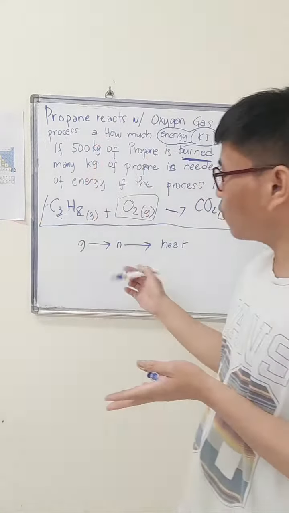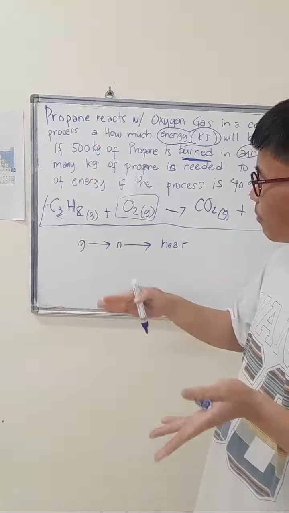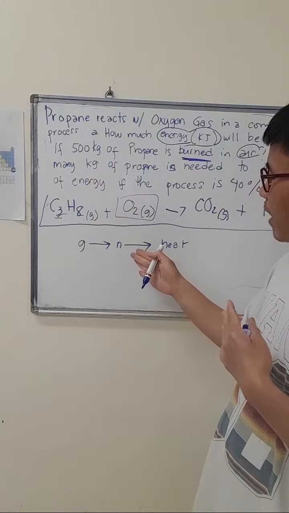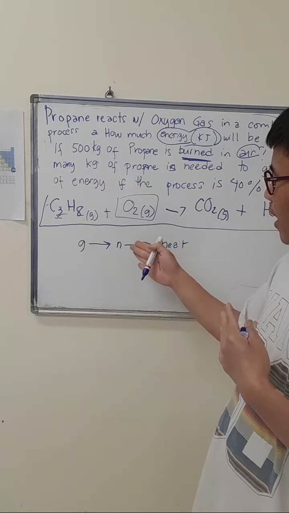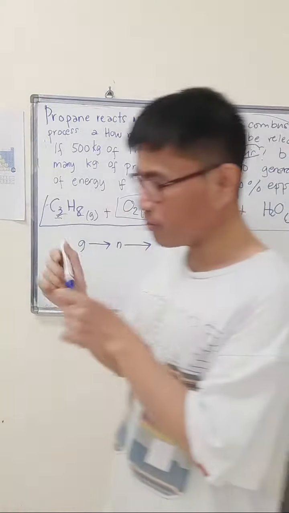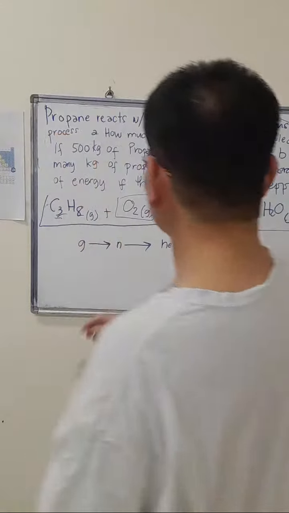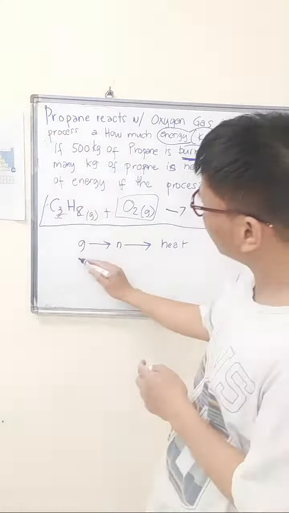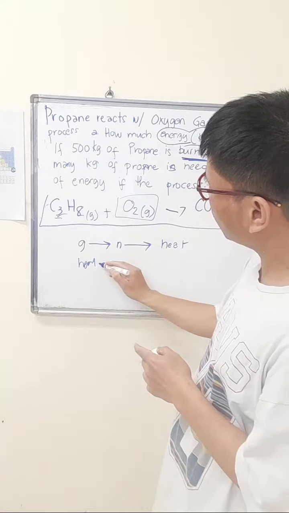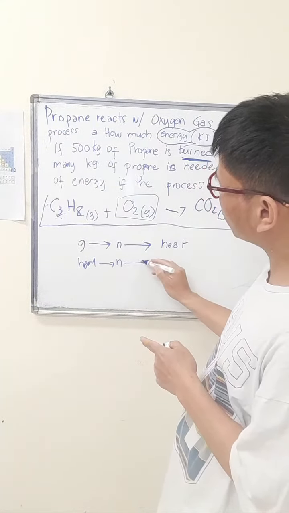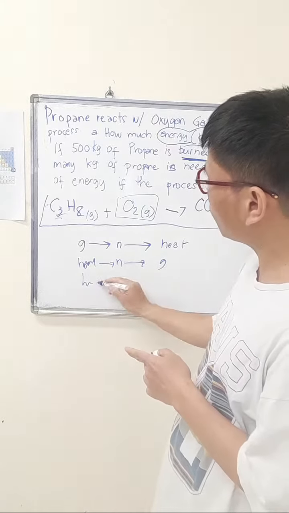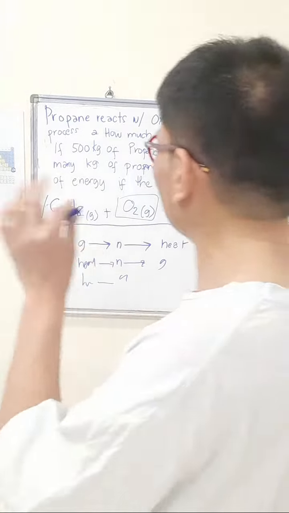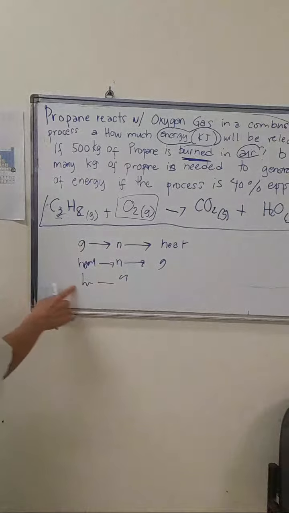Your step 1 from grams, step 2 convert to number of moles, step 3 get the number of moles as stoichiometric relation, and bingo, we can solve for the heat. Or it could be the reverse: heat first, going to the number of moles, going to the grams. It depends, but you know the process really.